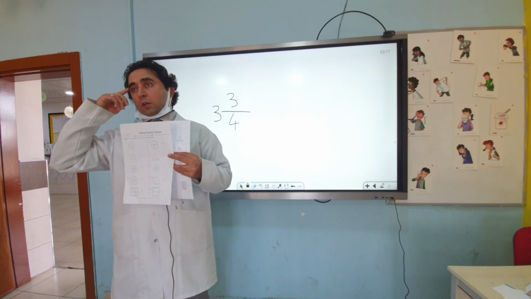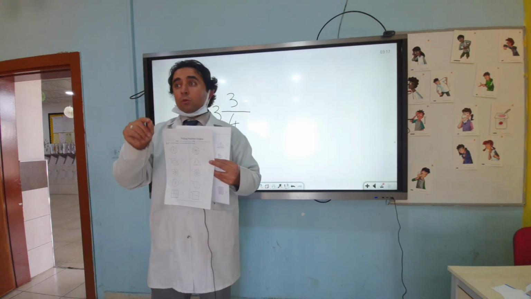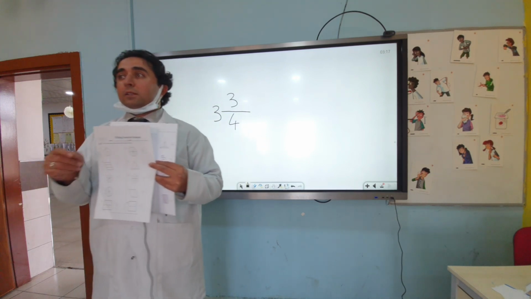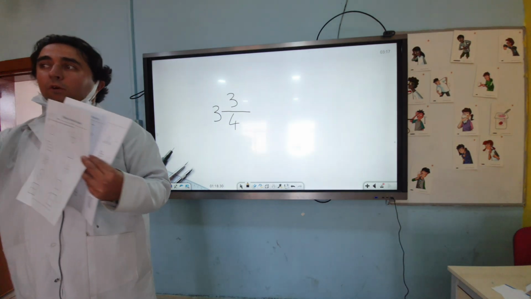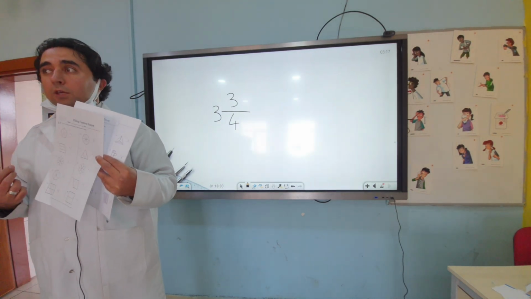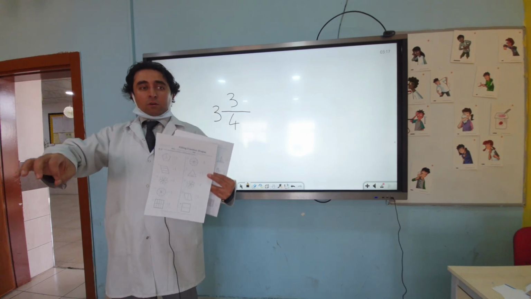Then you have to color the numerators. Please be careful. You don't have to color the denominator parts, because if you color denominators, you have to color the whole fraction shape. Okay, remember. I don't want you to be confused anymore.